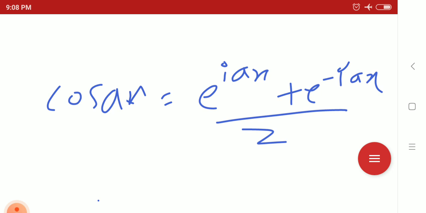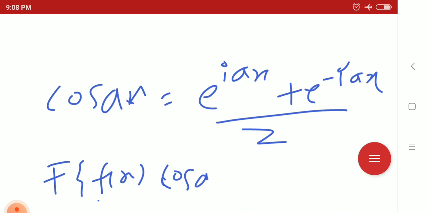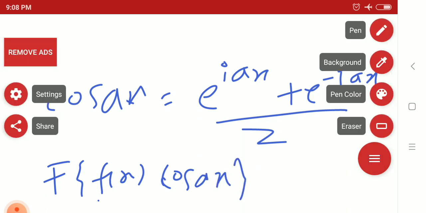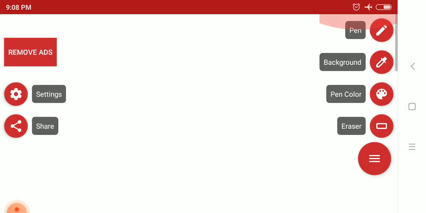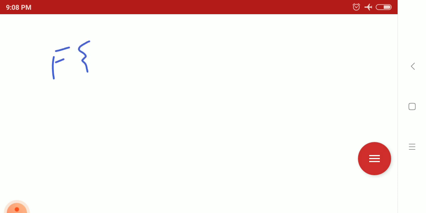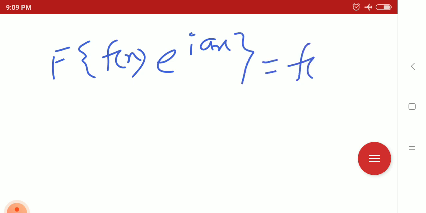So if we do f of x cos of ax, it will give you, now what do you know? You have already known that f of x e to the power iota ax will give the Fourier transformation f of k plus a.